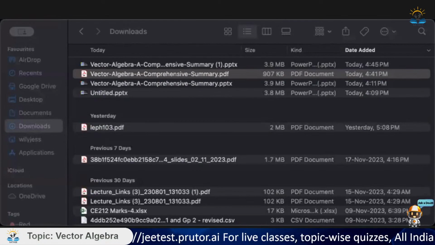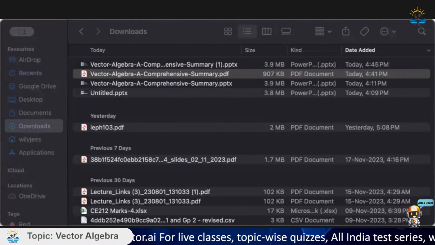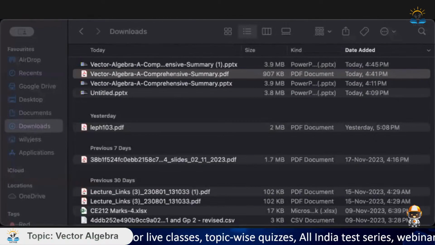Let's say A vector, B vector, C vector are the position vectors of the vertices.